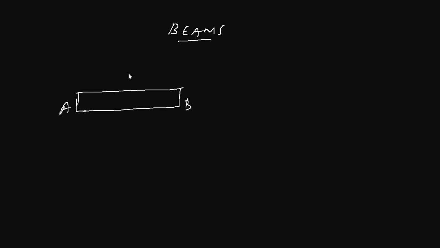It can have different types of loads. It can have a point load. It can have a uniformly distributed load like this. It can also have a uniformly varying load like this.